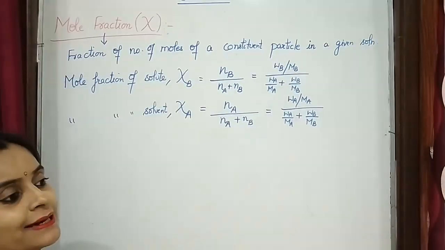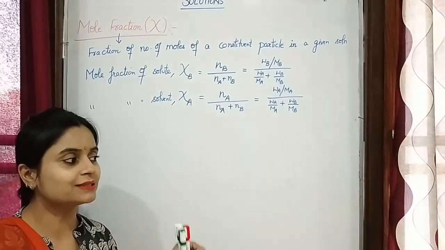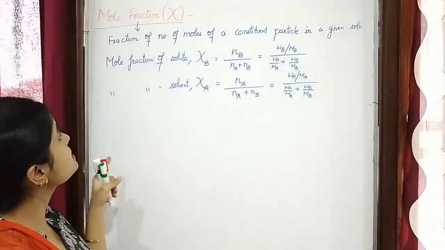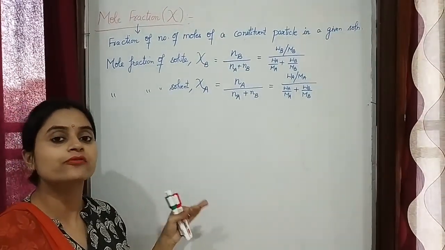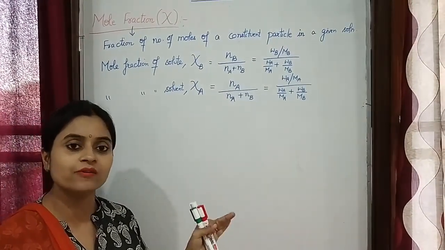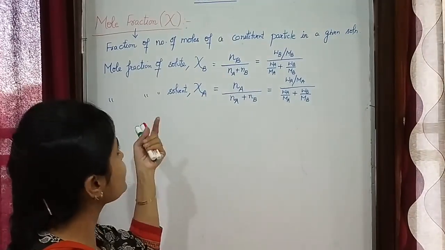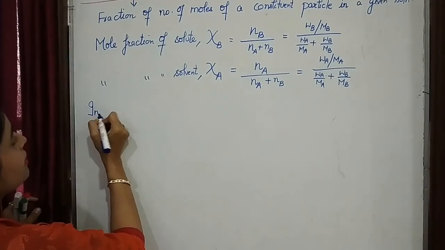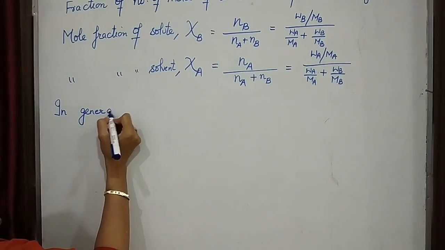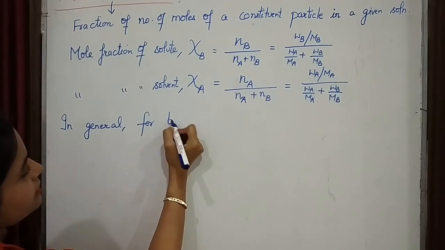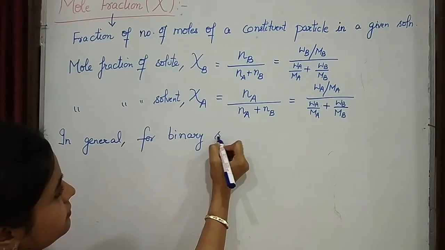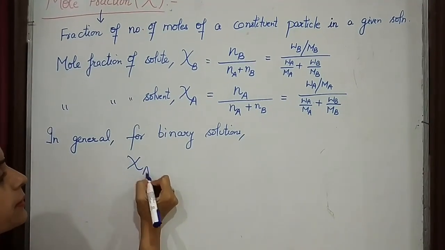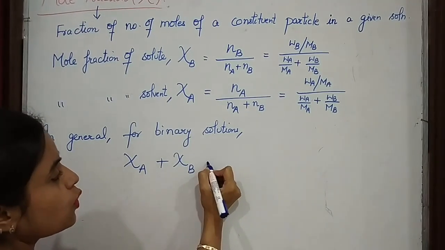One important thing is that in any solution, whether it is a binary solution, ternary solution or quaternary solution, the sum of the mole fractions of all the components is always unity. But as we deal with binary solutions, in general for a binary solution, chi A plus chi B is always equal to 1.